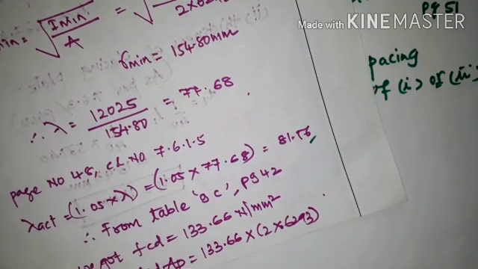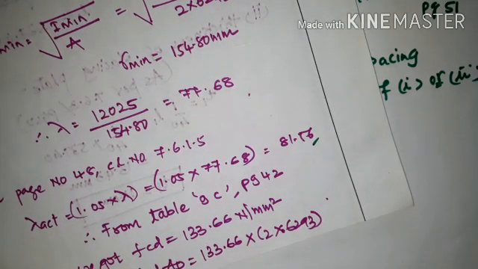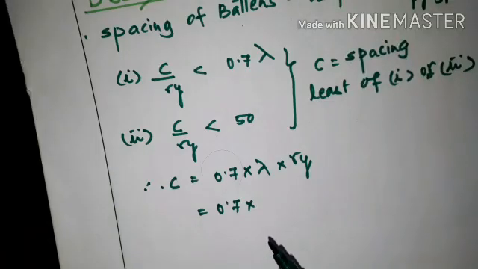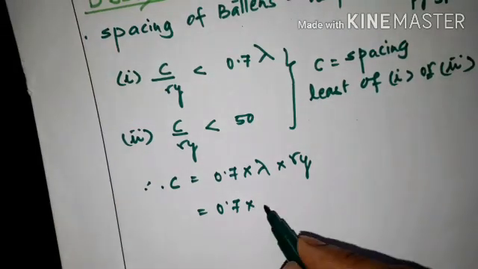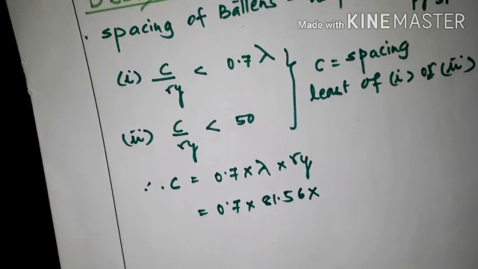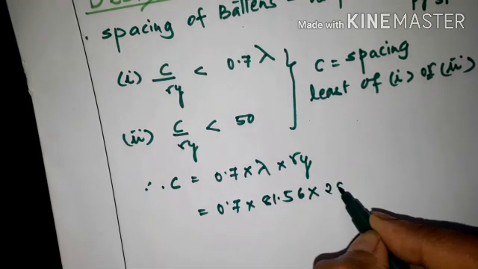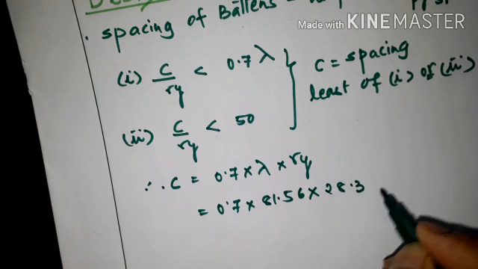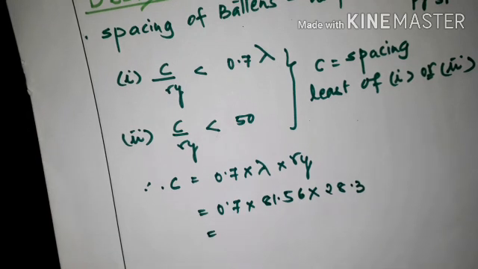So we will substitute that here. 0.7 times lambda is 81.56 and ryy, for the channel section we have got it as 28.3.